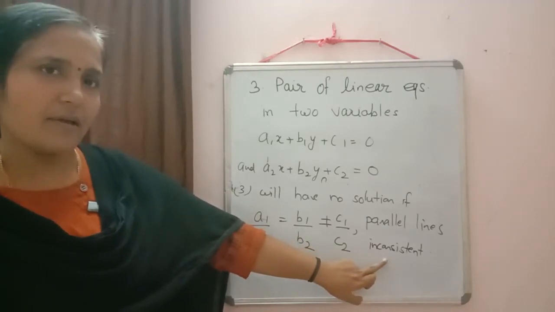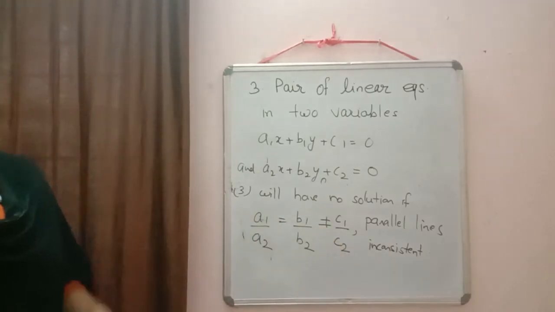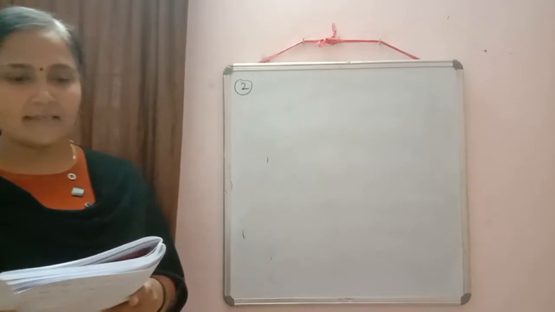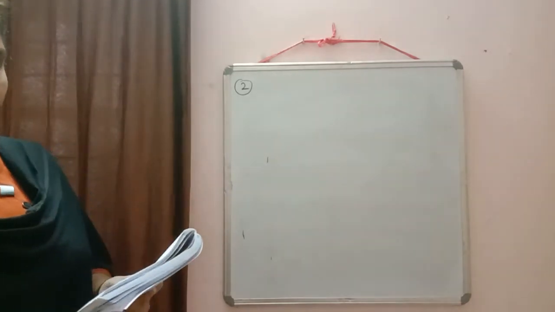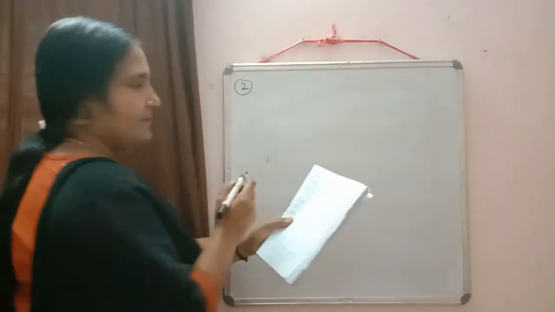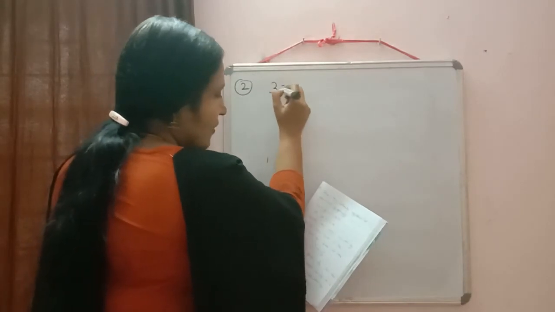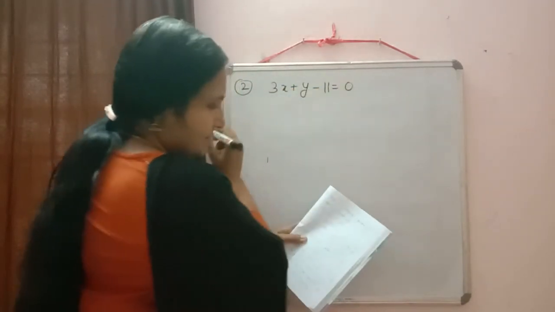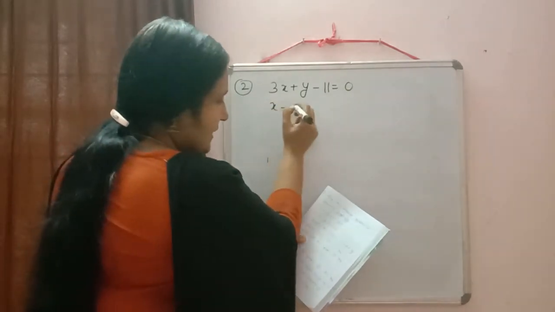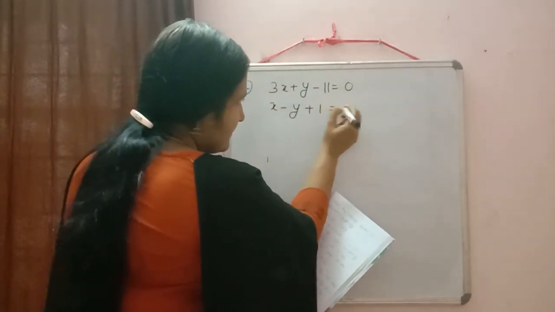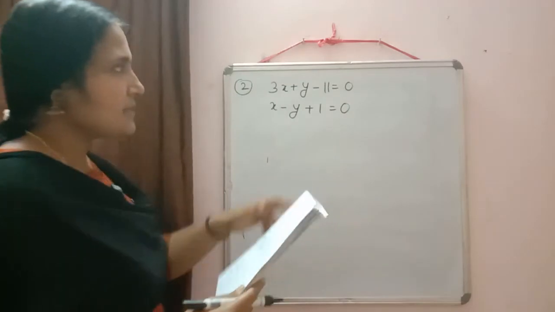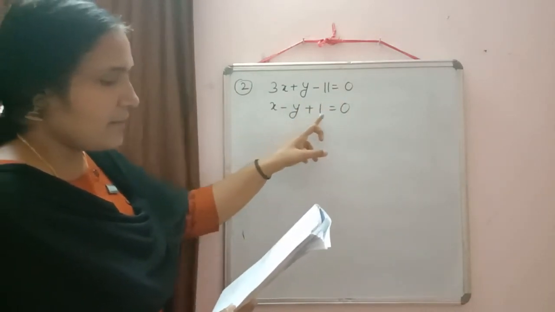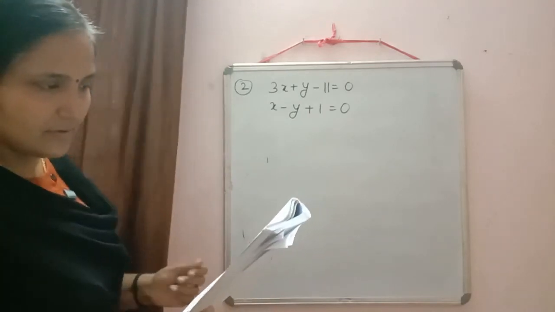Clear? Okay. Now we will move to the next question. All of you write down the second question. Solve the following system of equations graphically: 3x plus y minus 11 is equal to 0, x minus y plus 1 is equal to 0.